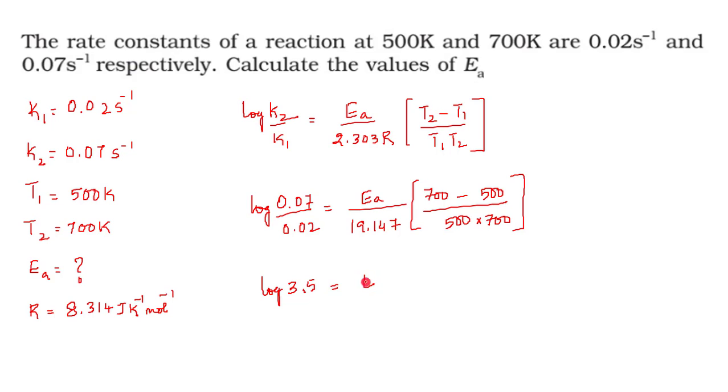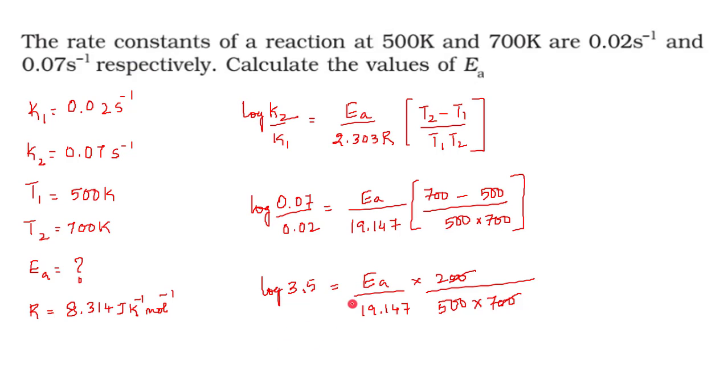That is equal to EA divided by 19.147 into 700 minus 500, which is 200, divided by 500 into 700. Here these two zeros I'll cancel with these two.